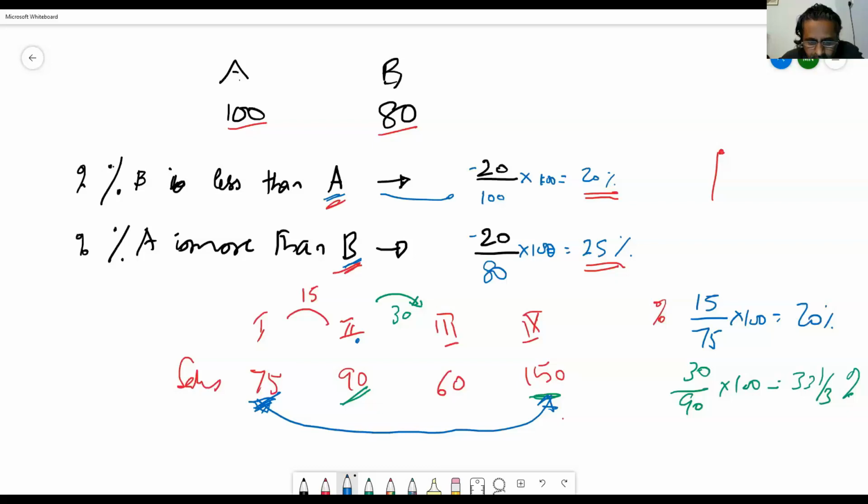The difference is 75, and the denominator obviously has to be again 75, because you're comparing the last year with respect to the first year. So it becomes 75 by 75 into 100, which is 100%. 100% growth for the whole period, which means from year 1 to year 4.